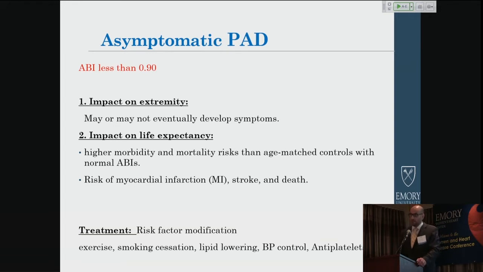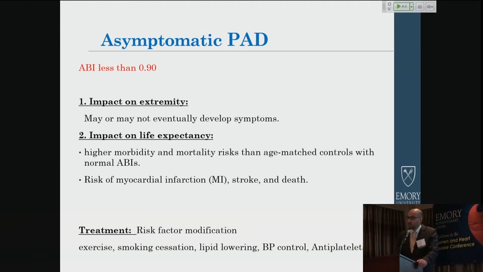From an extremity impact, asymptomatic peripheral arterial disease rarely results in any lower extremity loss or progression. So this is important as we talk about what we need to do as we identify this problem. However, there is an impact on life expectancy. Patients who do have peripheral arterial disease have a higher risk of cardiovascular events and cerebrovascular events, as well as risk of mortality.